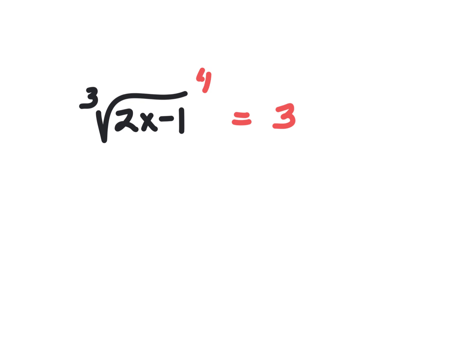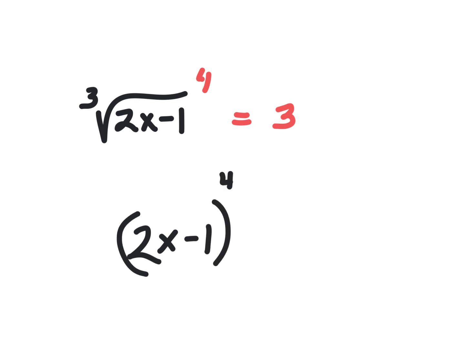Now you're trying to solve this thing. You're trying to get the x alone. I personally would probably have changed this whole thing. See if you can understand this. To 2x minus 1 to the power of 4/3, because that's what it is.